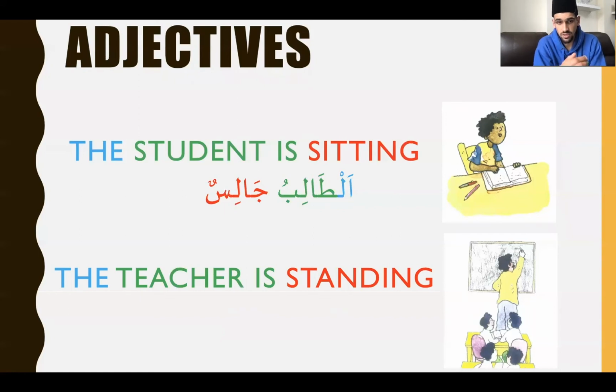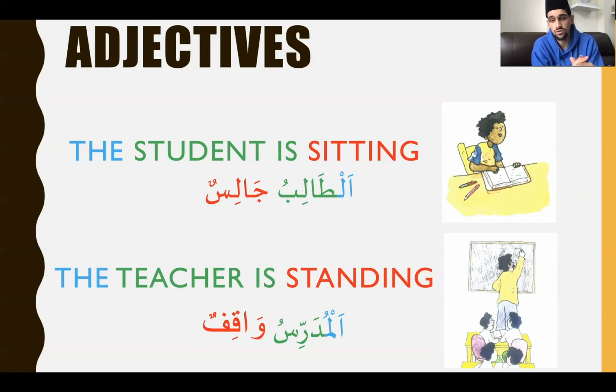In the second picture, the teacher is standing. Now we can use the word which we know, the teacher, using alif lam, but now we need to learn the word for standing. المدرس واقف. واقف meaning standing. So you have the two comparisons.